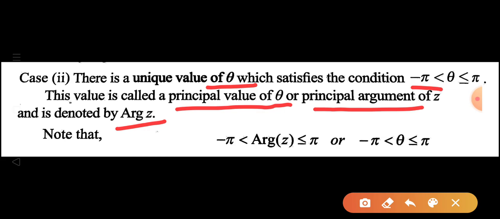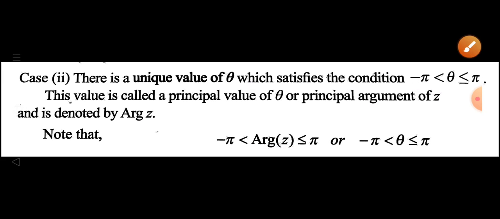This value is called the principal value of theta or principal argument of z, and is denoted by Arg z, that is minus pi less than Arg z less than or equal to pi. Do you understand? Okay, thank you.